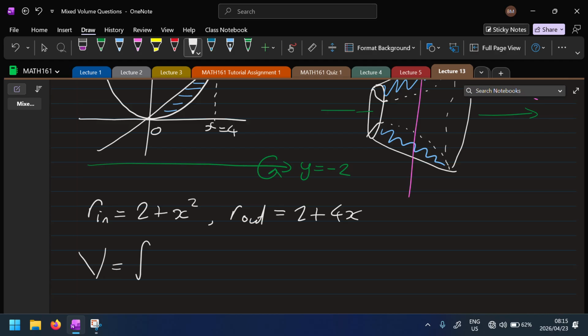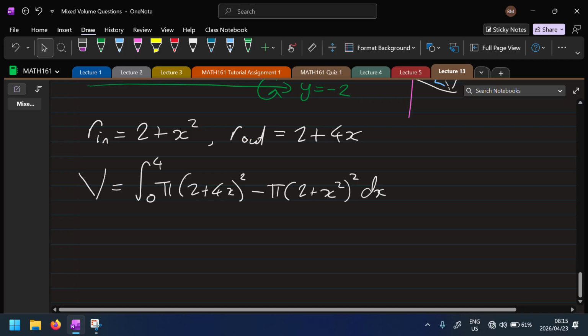So it will be from the start of the shape on the left to the end of the shape on the right, from 0 to 4. Then we need the volume of the outer shape, that cone sort of shape. So it will be pi times (2 plus 4x) squared minus the inside one, pi times (2 plus x squared) squared.